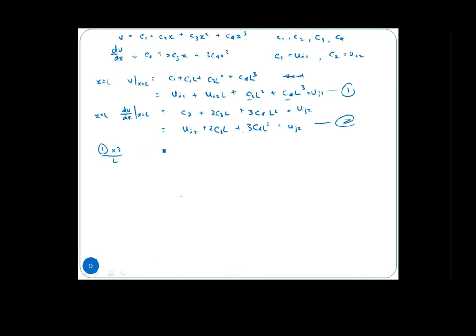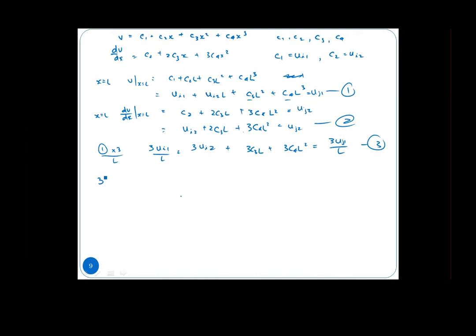So from 1 we have 3ui1 over L plus 3ui2 plus 3c3L plus 3c4L squared equals 3uj1 over L. So that becomes my equation number 3.